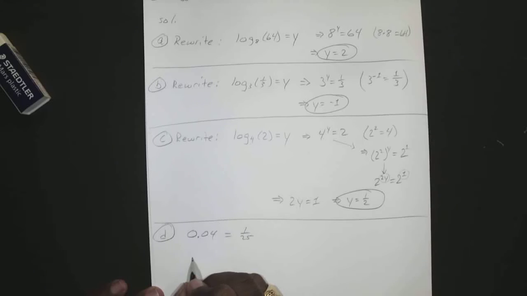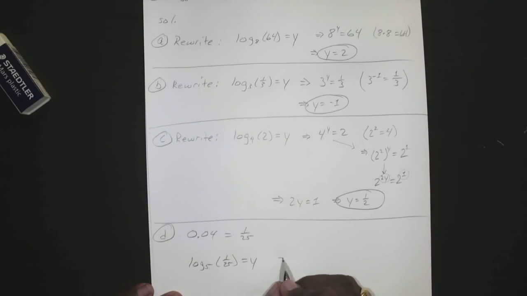Okay, so we have log base 5 of 1/25 equals y. If you do end up with one like that, just convert the decimal to a fraction and then just do the same steps. Okay, so we have 5 to the power of y equals 1/25.